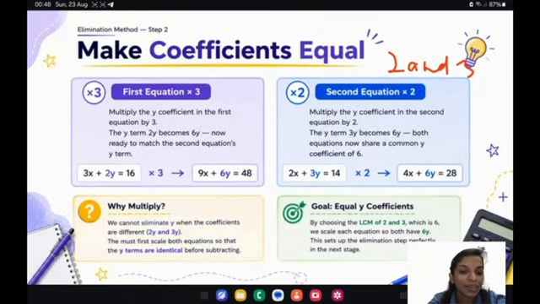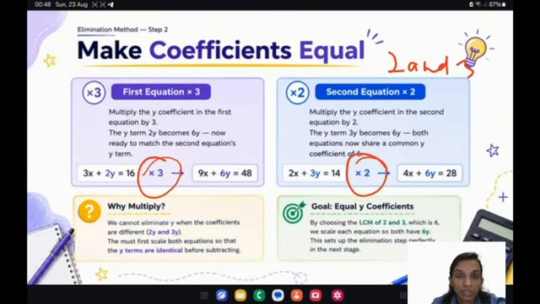We multiply by 3. How do we make 3 into 6? Multiply by 2. So we are going to multiply the first equation by 3 and the second equation by 2. Here we can notice that we are not choosing them randomly, but we are choosing them because our mathematical goal is to create equal coefficients of y.